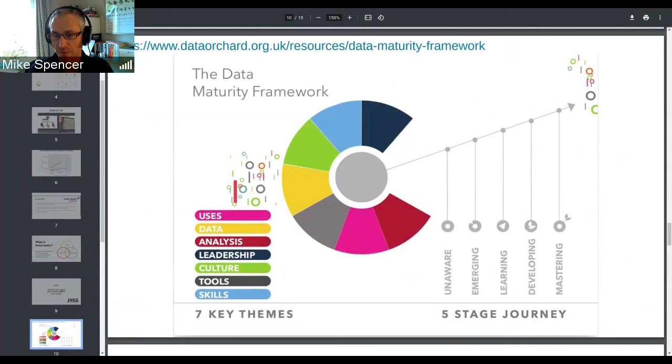There's no point buying or building the best analytical platform in the world if you haven't got leaders who can understand and use what comes out of it, or staff who can interact with it, or a culture which embeds the knowledge coming out of that for the next steps.